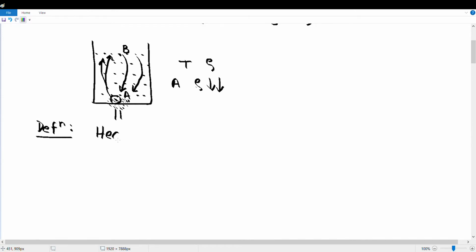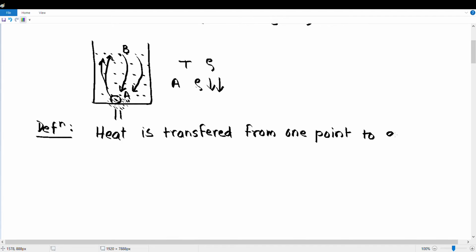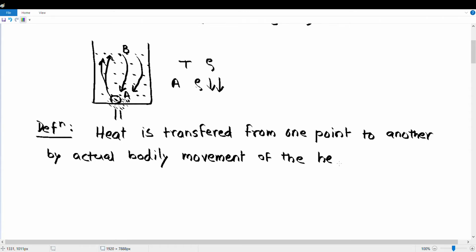Let us see the definition of convection. Heat is transferred from one point to another by actual bodily movement of the heated molecules within the fluid.